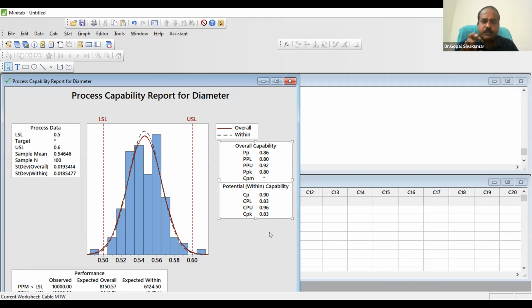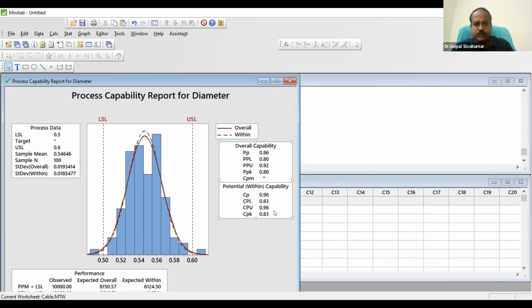Now, which is the problem? Is center the problem or is variation the problem? We need to understand. So look at the CP as well as CPK. CP is 0.9, CPK is 0.83. Are they close to each other? More or less close, 0.9 and 0.83.